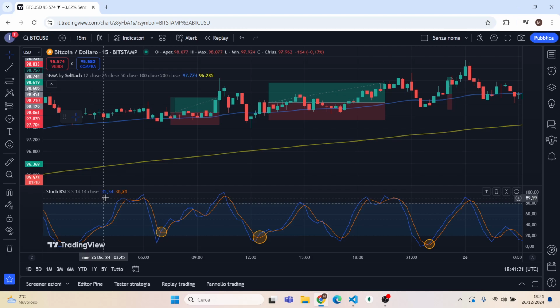Okay, in order to open a long position, you have to check for basically 3 or 4 things. I don't remember. Let me tell you what they are. So, first of all, you have to check that there is a cross in the stochastic in which the blue line goes above the red line. Then you have to check for a pullback on the EMA 50.